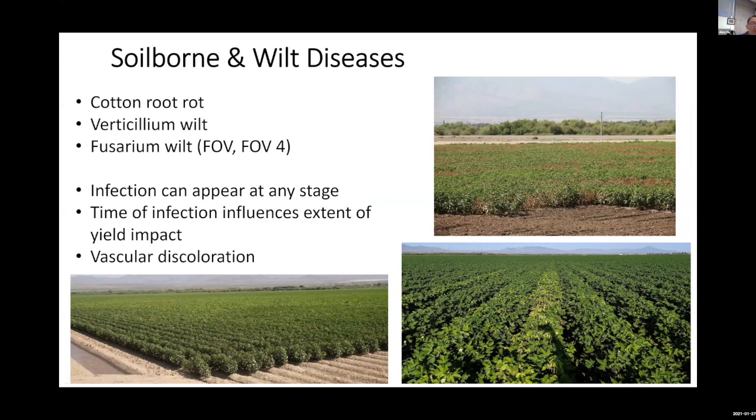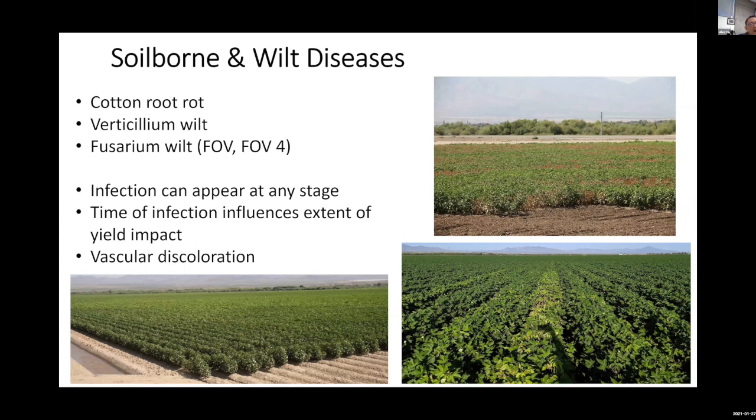Those diseases are actually the most important to our cotton growers here in the state. As Randy just mentioned, we have cotton root rot. That's probably the most important soil-borne disease in our cotton production area.